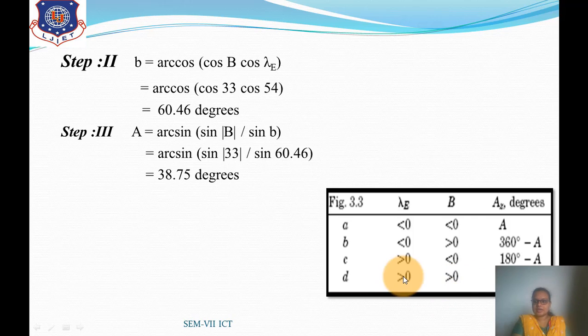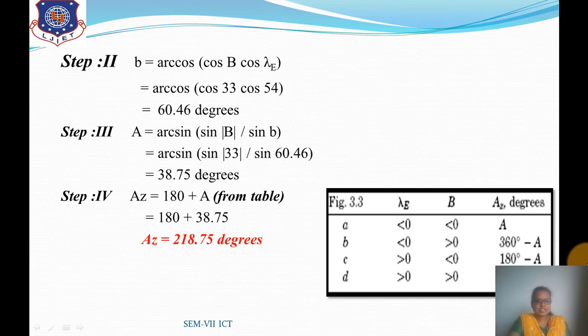So, if both are greater than 0, then AZ will be equal to 180 plus A. Right? So, from the table, AZ will be equal to 180 plus A, and A having value 38.75. So, 180 plus 38.75, you will have AZ is equal to 218.75 degrees. Right? So, this is how you calculate azimuth angle for the given example.